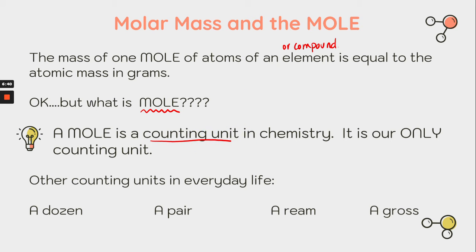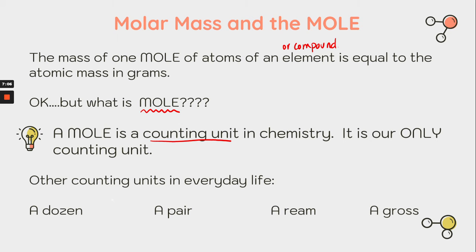Okay. Counting units are things that we use in our everyday life to simplify talking about a group of items. Now, you already know some counting units from everyday life. Depending on what your experiences are, you might know more or less. And you learn them when you're little, and so you just kind of accept them to be true. So here are some examples down here, right?